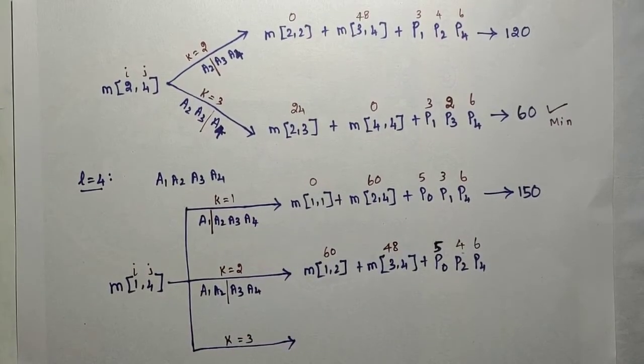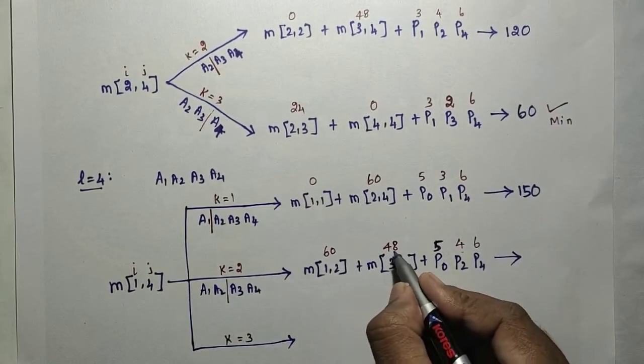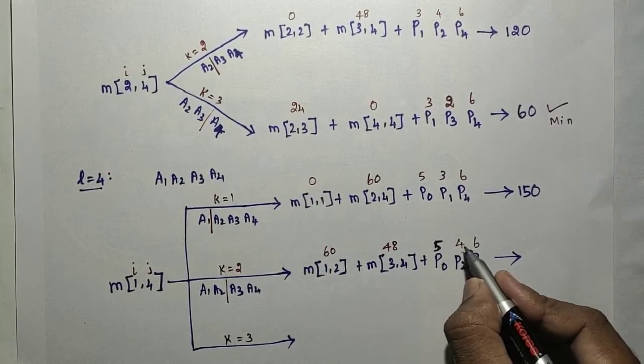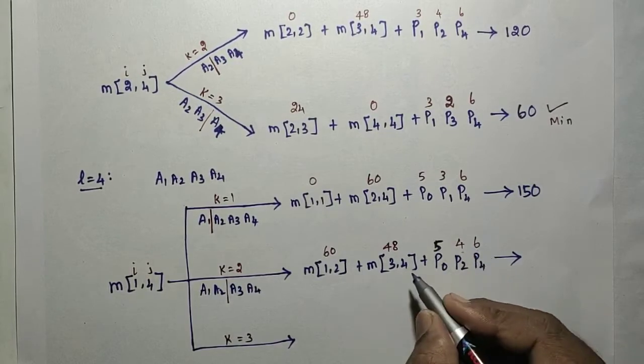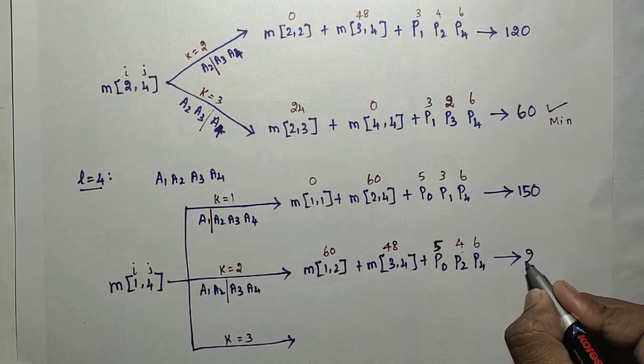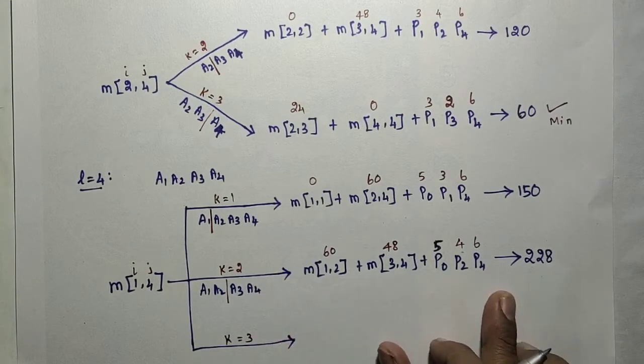So the final answer for this is 60 plus 48 is 108, and 20 into 6 is 120, 120 plus 108 is 228. So 228.